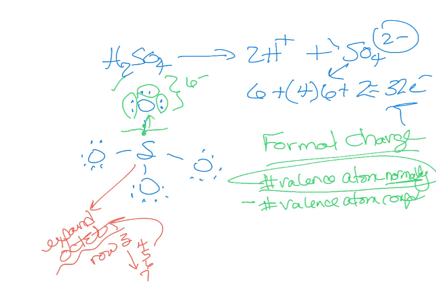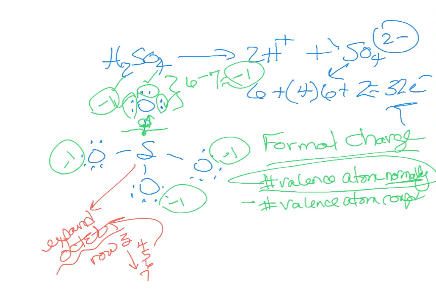And so the number of valence electrons the oxygen has in this compound is 7. 2, 4, 6, and then 1 of these. So the formal charge on that oxygen is -1. All these oxygens are equal. So each one of these oxygens has a formal charge of -1. That's not good. I don't know if you remember, but we want to minimize formal charge in a compound.